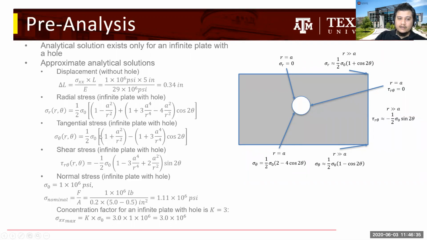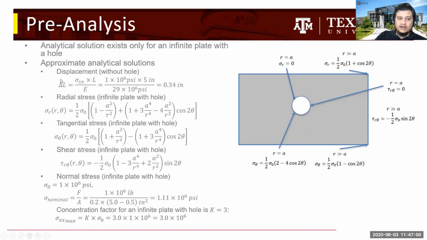The values we need to know to find the tangential stress at any location are sigma naught, R, A, and theta. Similarly, there is a shear stress component in the R theta direction, and this is the relation for that. Going back to the displacement, I skipped this part.